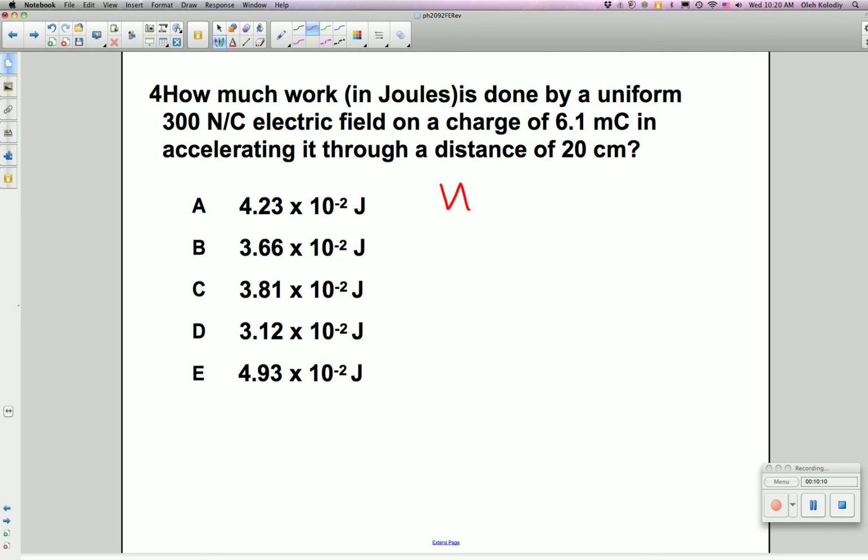Third type of problem using this. We're using the fact that the amount of work we have to do to move a charge from one plate to the other, a charge Q, is equal to the amount of joules per coulomb, which is delta V, multiplied by the number of coulombs that we're actually moving. So in this case, you're asked how much work in joules is done by a uniform field.